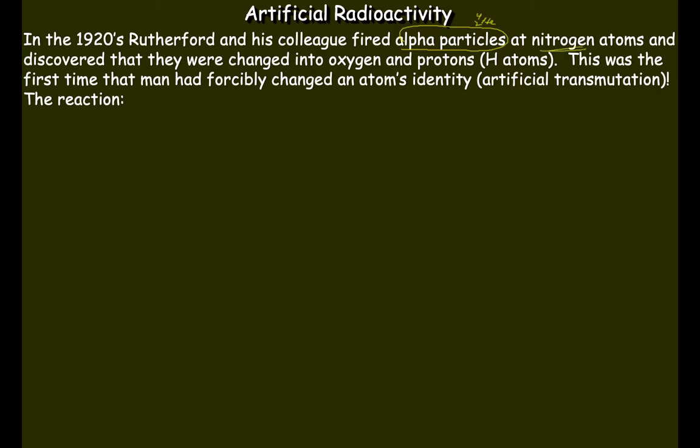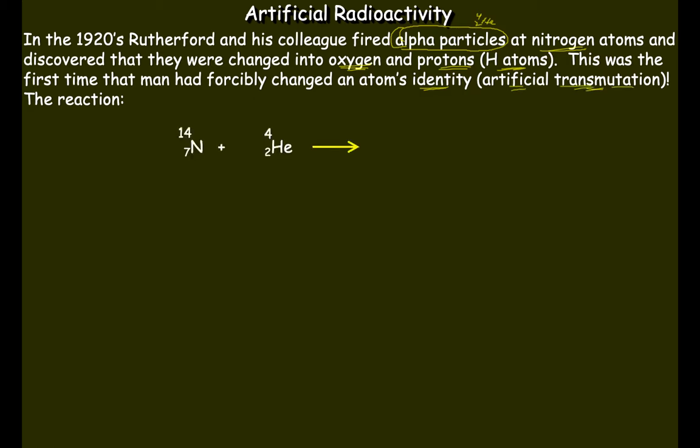What he discovered is that he was getting oxygen out of this and some protons, which of course are hydrogen nuclei. This was actually the first time that someone had induced or forced an atom to change its identity into another element. We call that artificial radioactivity or artificial transmutation. Artificial means by man, transmutation means changing an element.